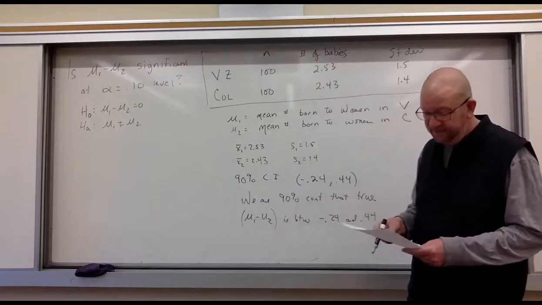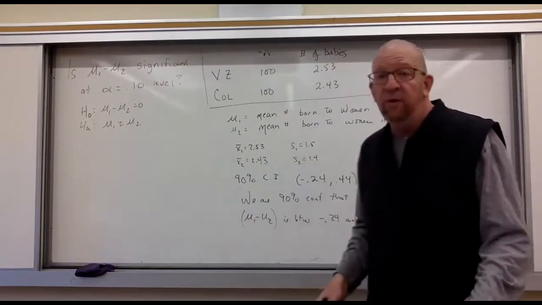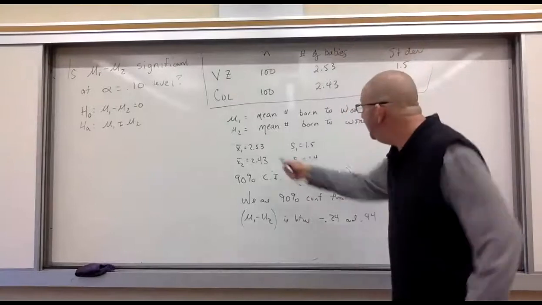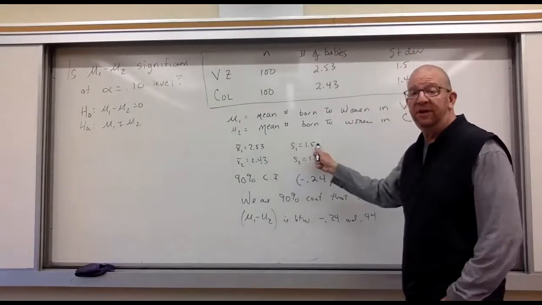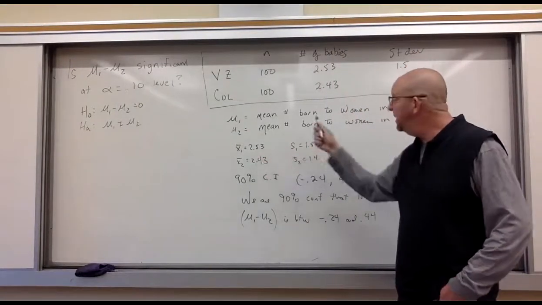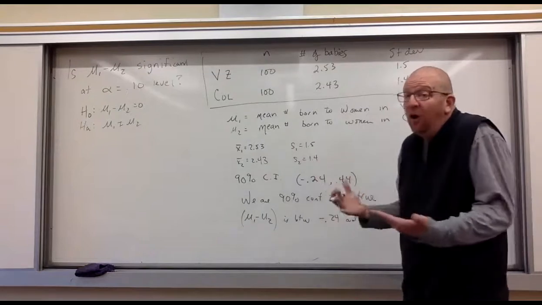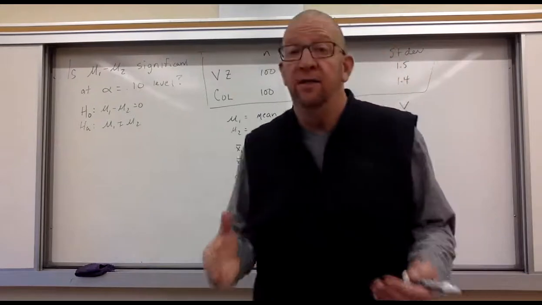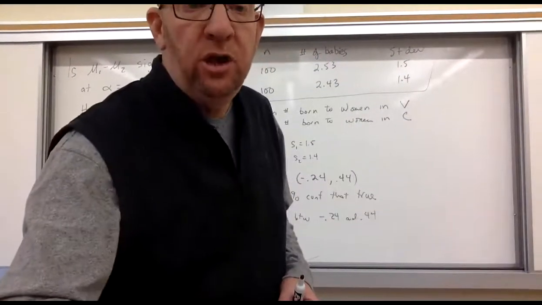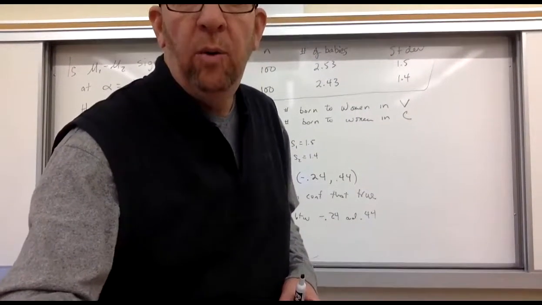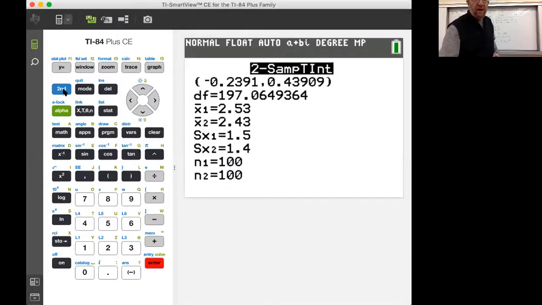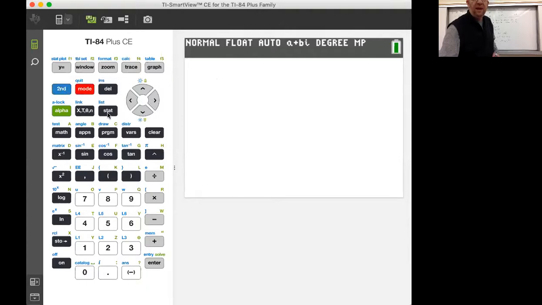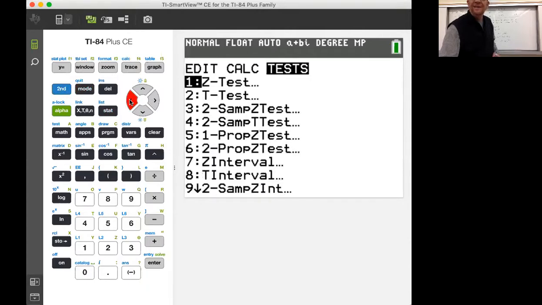Let's see what happens. Okay, we've got our sample mean for Venezuela and our standard deviation, and the sample mean and standard deviation for Colombia. That's really all we need to list here. We'll go ahead and run the calculator. Do you remember what we're going to use now? That's right, it's going to be the 2-SampTTest.